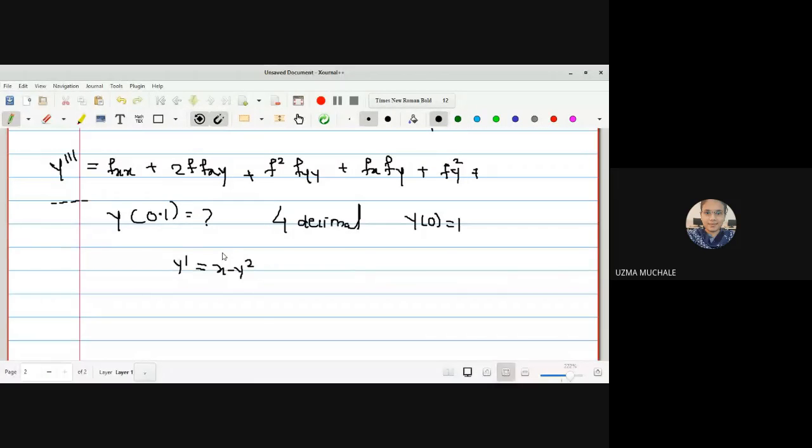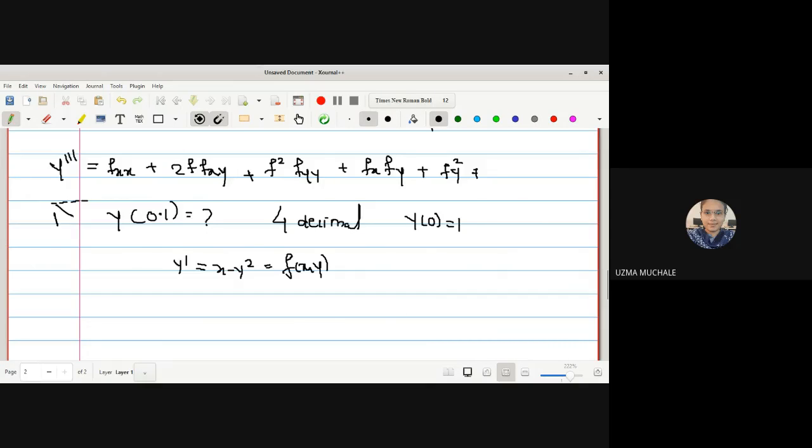Correct up to 4 decimal places with the initial condition y of 0 is equal to 1, which means x naught is 0, y naught is 1, and the function y dash is nothing but your f of x, y. From our method, y dash is f of x, y, which is x minus y square.